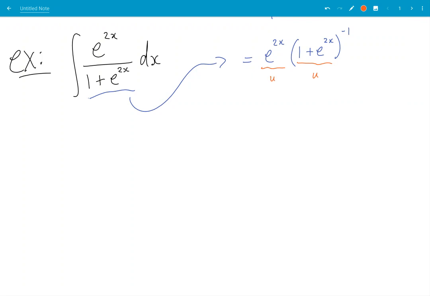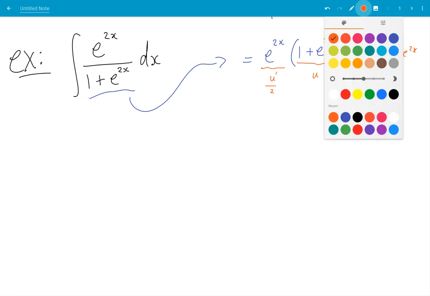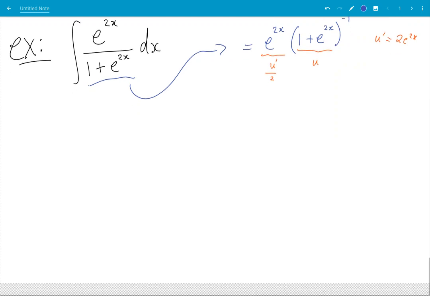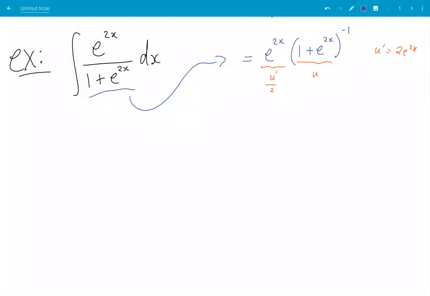I get something that looks like u prime. What is u prime? u prime is 2e to the 2x. So this would be u prime divided by 2. But that is good enough. It's good enough for me to be very confident about making this choice for you.